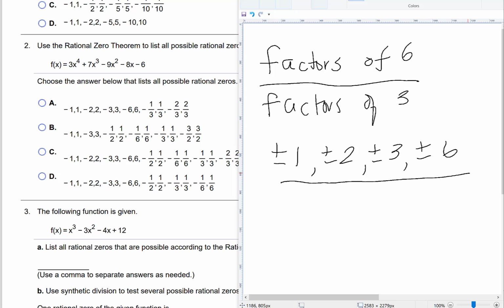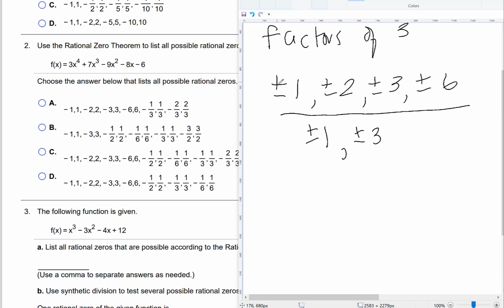Over, this time, plus or minus 1, which will not yield any new answers, but we also have plus or minus 3. So we have to take each of these over 1, which will be just those numbers themselves, plus or minus 1, plus or minus 2, plus or minus 3, plus or minus 6, and then we have to put them all over 3.